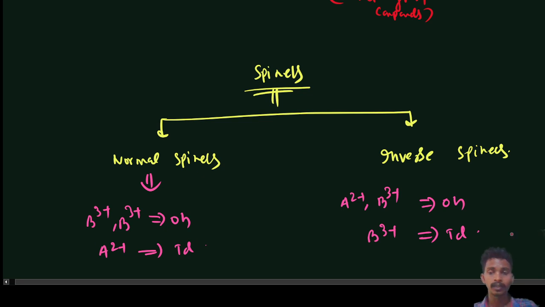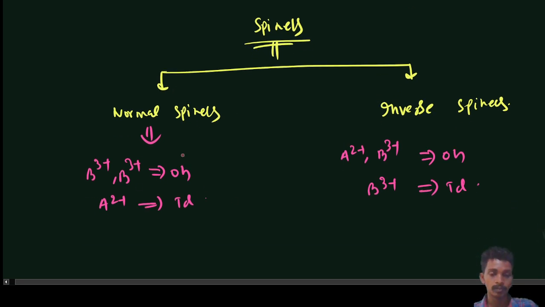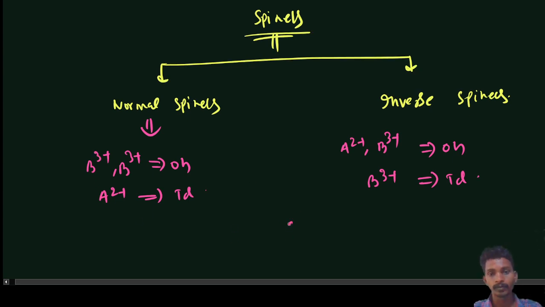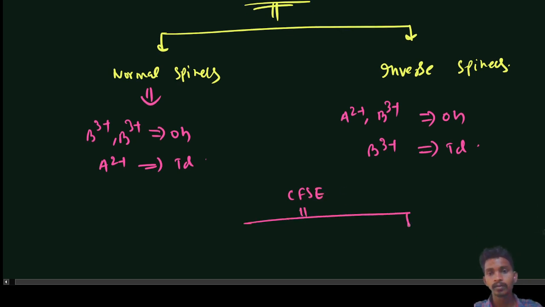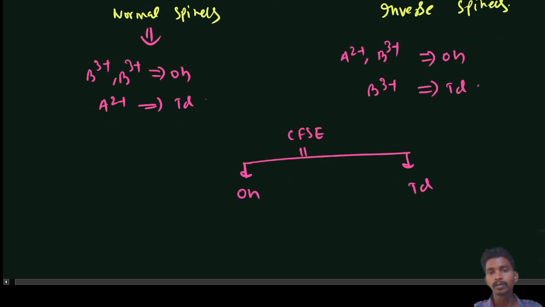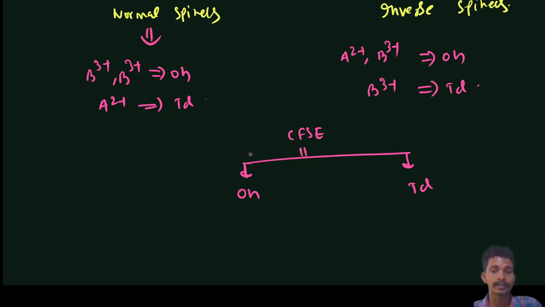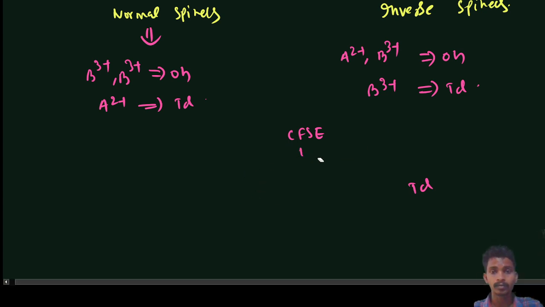If it comes otherwise, then that is the normal spinel. And CFSE decides between the octahedral and tetrahedral sites. If any metal has a high CFSE, then it will go to the octahedral site.